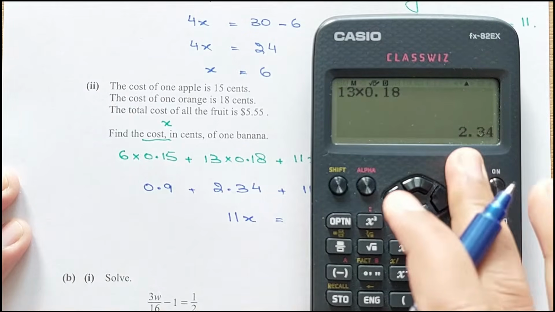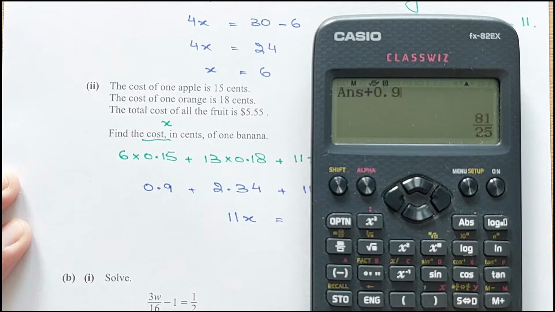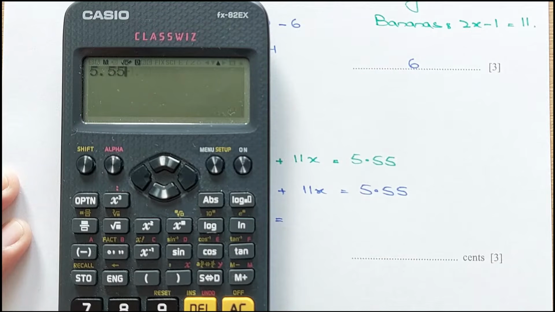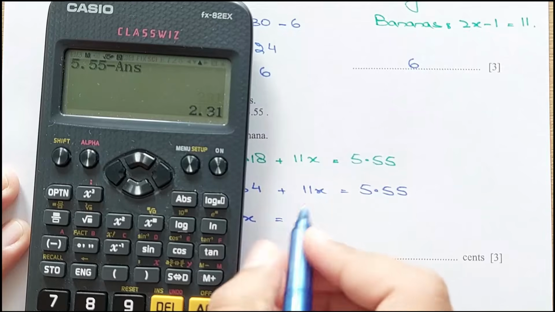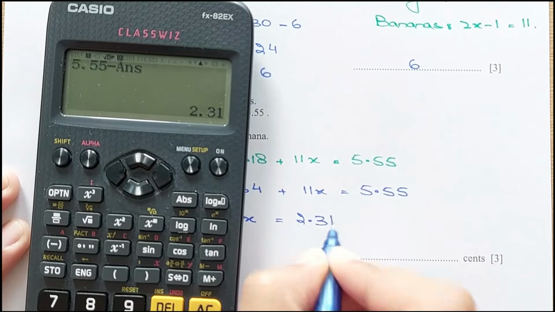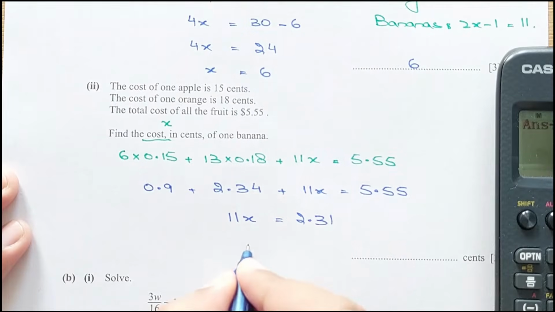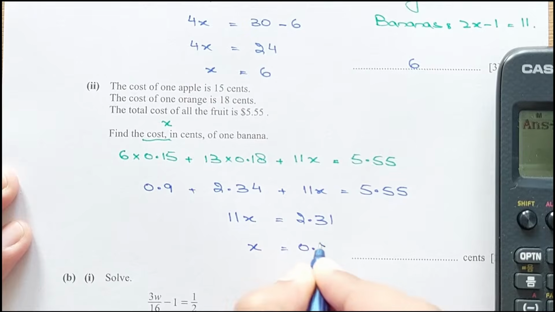Let me add these two. 2.34 plus 0.9 is 3.24. Now 5.55 subtract this answer equals 2.31. And to get the value of x, dividing by 11, that is 21 cents. So the cost of each banana is 21 cents.